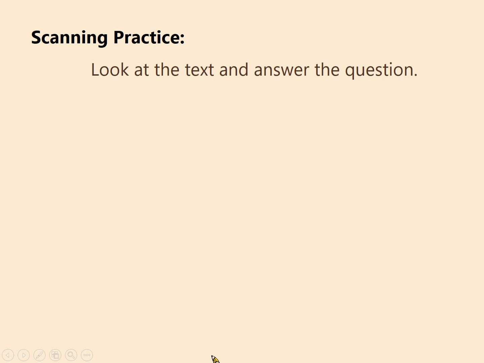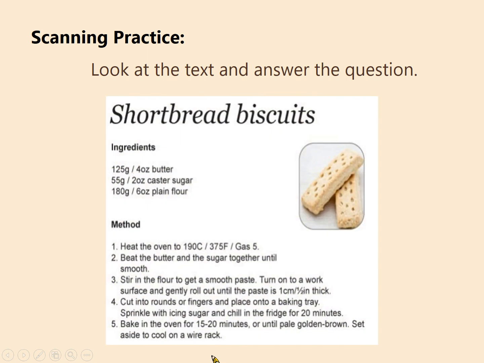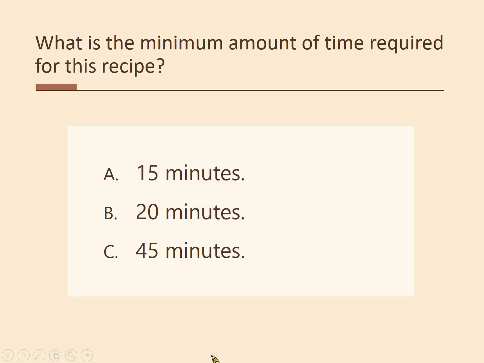Let's practice. Look at the text and answer the question. You can pause the video and take your time reading. What is the minimum amount of time required for this recipe?